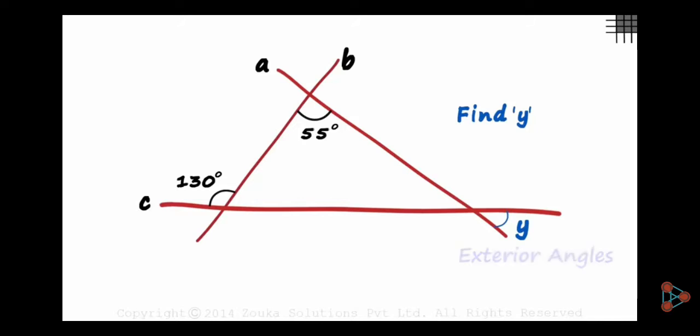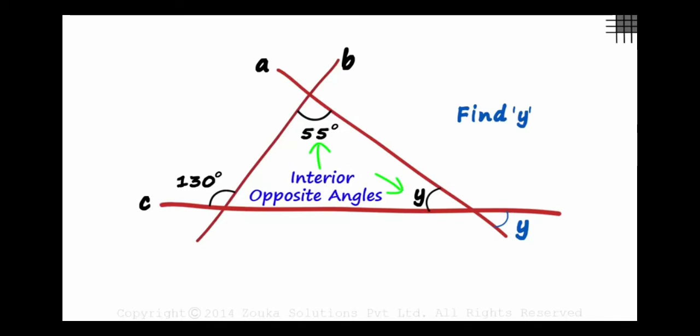It's the same concept of exterior angles, just that it's not very direct this time. This angle is vertically opposite to angle y. As vertically opposite angles have equal measures, this angle too will measure y. Now it's easy. This is an exterior angle and these two are its interior opposite angles.